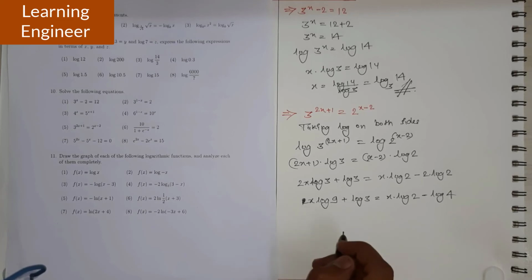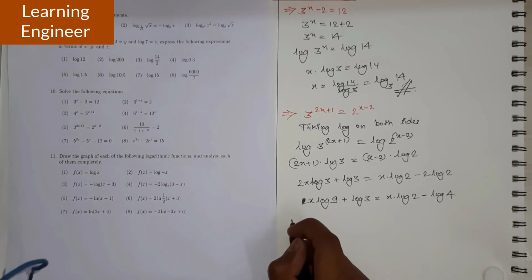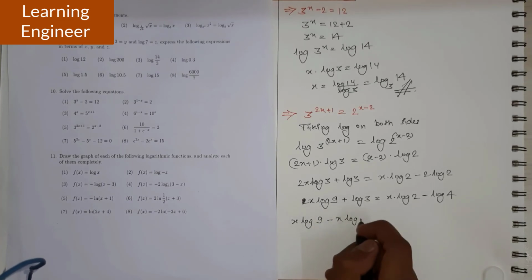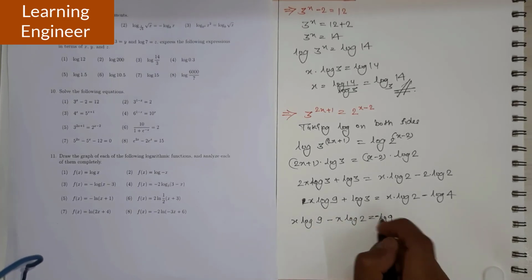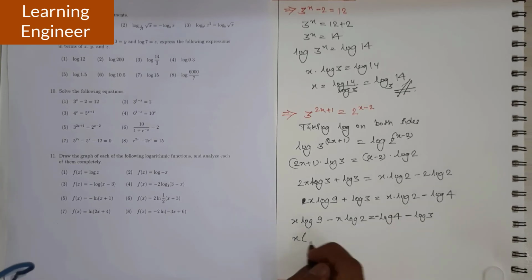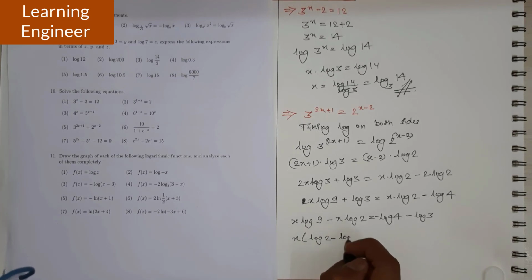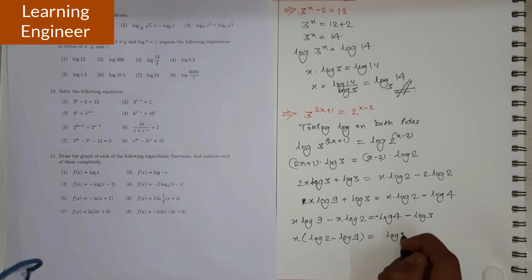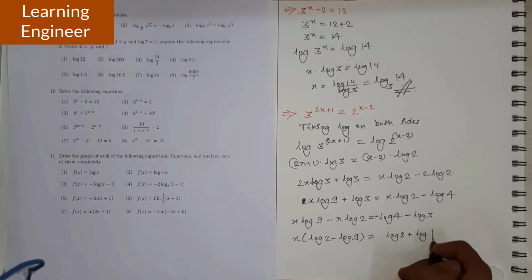Now let us take the log terms with x on one side: x log 9 minus x log 2 equal to minus log 4 minus log 3. Take x common and multiply by minus 1: x times log of 2 minus log of 9, equal to log of 3 plus log of 4.